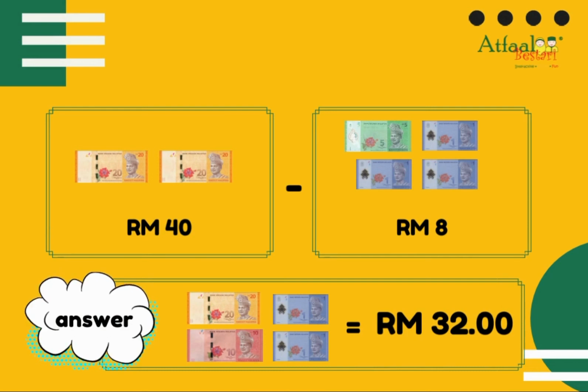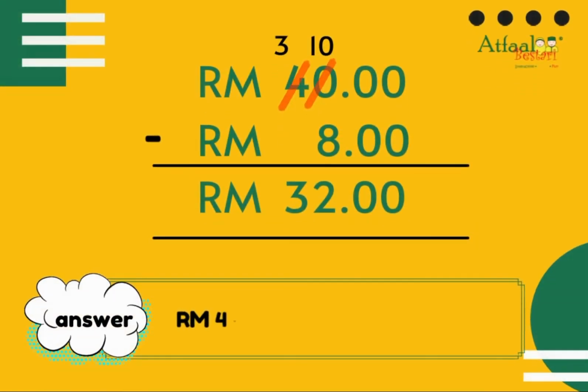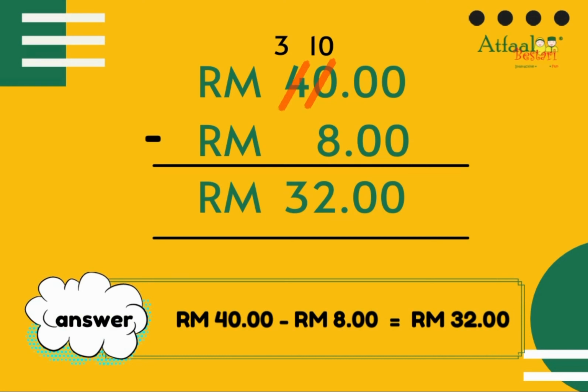The last example, 40 ringgit minus 8 ringgit equal 32 ringgit. So by using vertical method, 40 ringgit minus 8 ringgit, which is 0 minus 0 equal 0. Also 0 minus 0 equal 0.